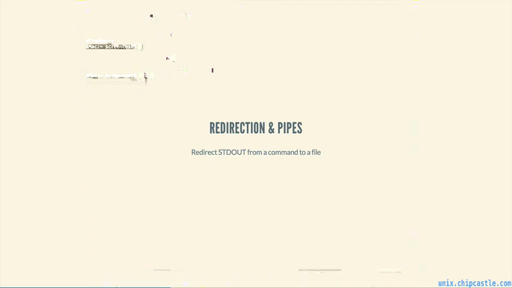Since the cat command's specialty is to concatenate files, it can accept multiple file arguments. I'm going to pass those new files to it and redirect its standard output to the fruits5 file. Using cat to display its contents, we can see that all the content from those three files has been written to the new file.